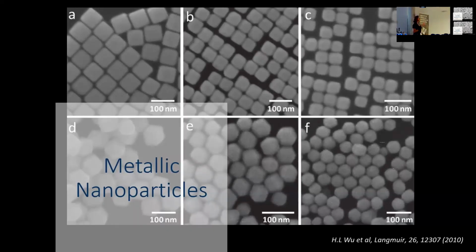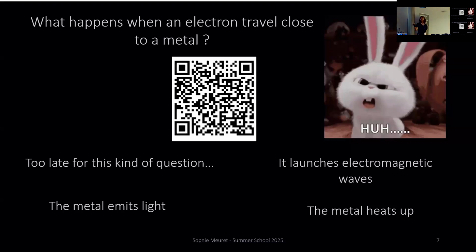And to start, I will ask a question. It will also be a way to check if the poll is going to work for the rest of the talk. So you can scan the QR code that is on your screen. You can also do it if you're online. And try to answer the question: what happens when an electron travels close to a metal?